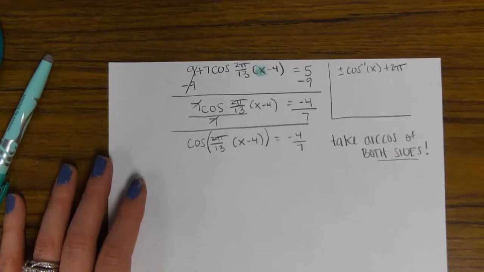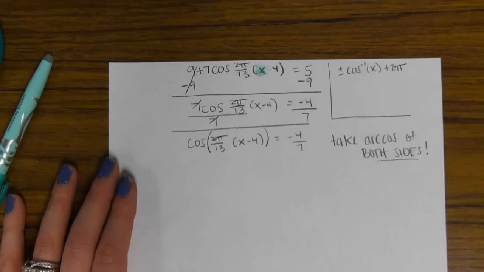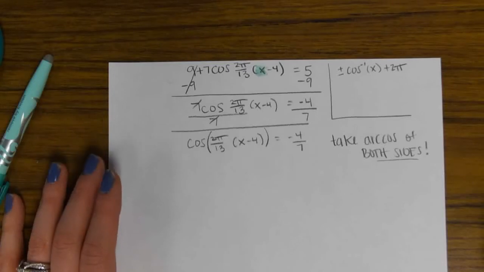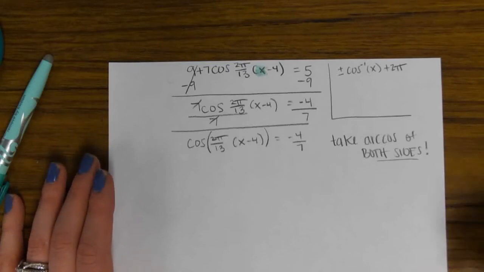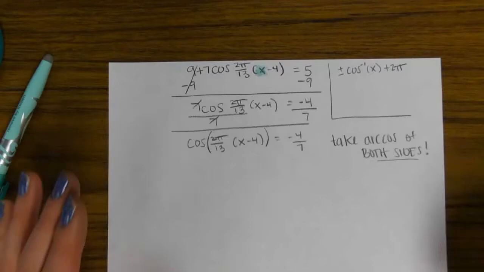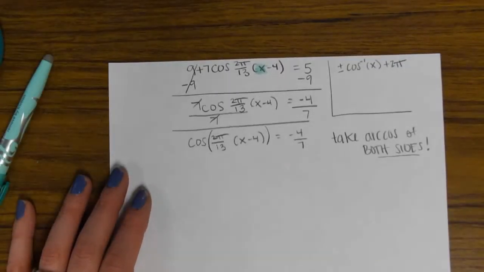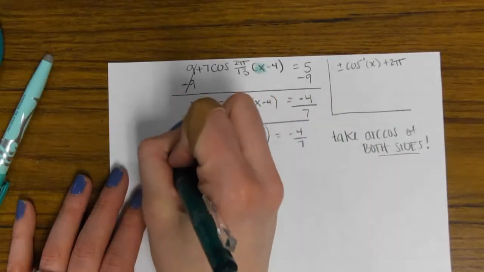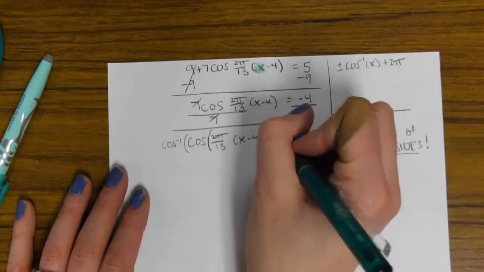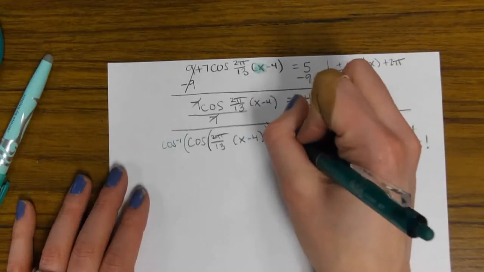And remember, when you take the arc cosine, it'll be plus and minus that number. And then even more specifically, when you take the arc cosine of that number, you're going to add 2 pi n to it. So the arc cosine, or the inverse cosine, and we'll do it here.